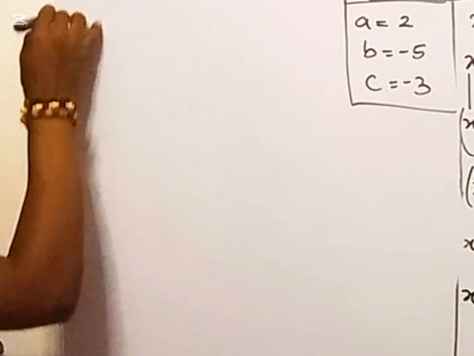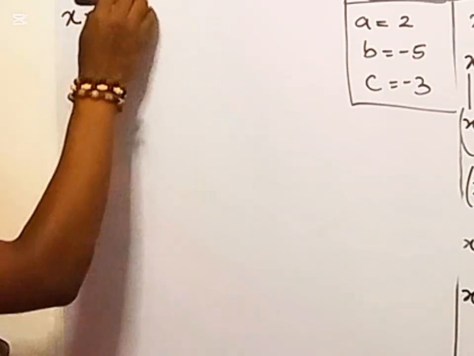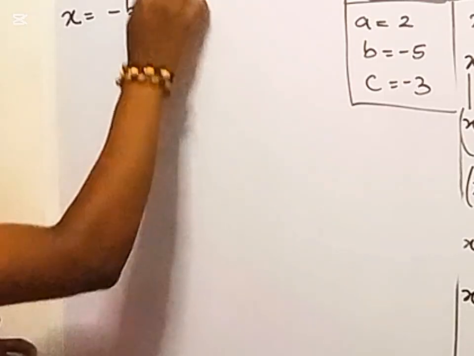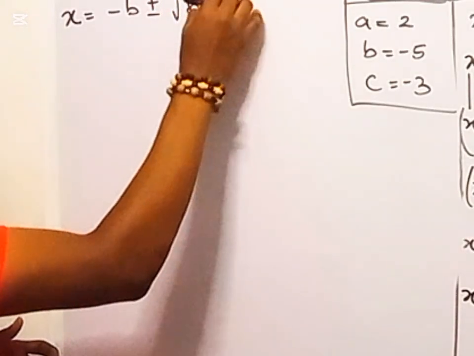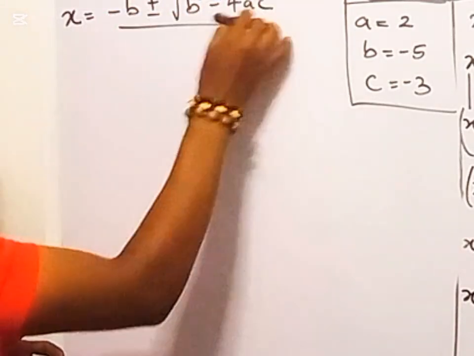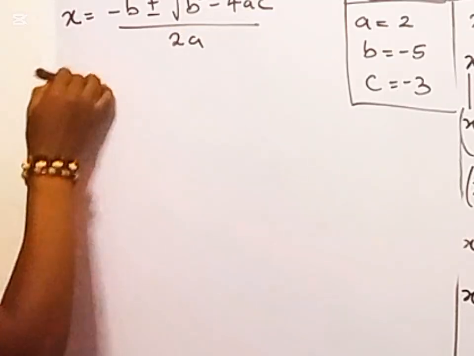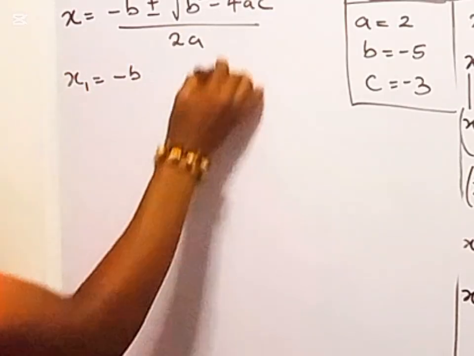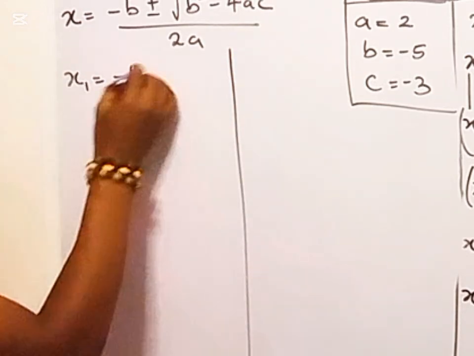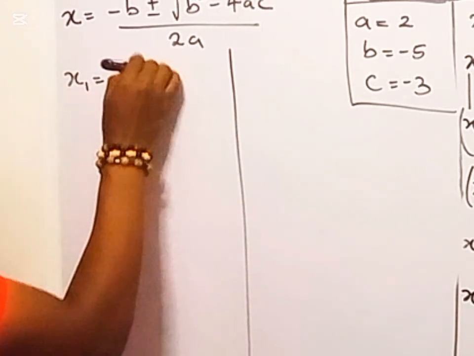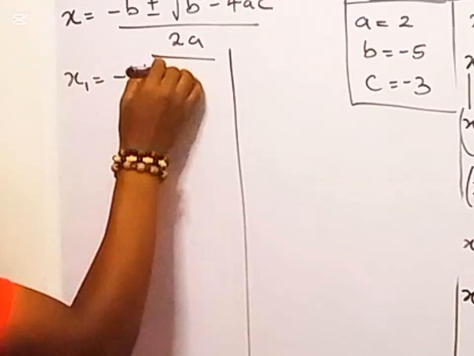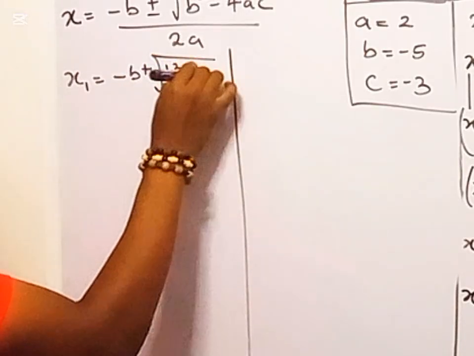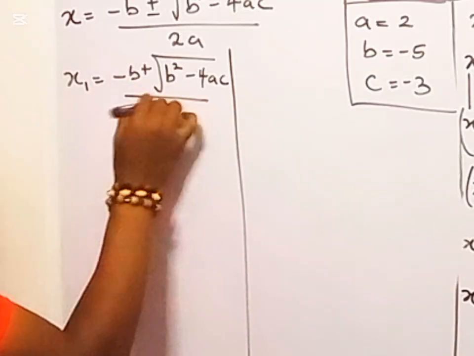Now the formula method says that x is what? Minus b plus or minus square root of b squared minus 4ac all over 2a. That means the first x will be minus b plus square root of b squared minus 4ac over 2a.